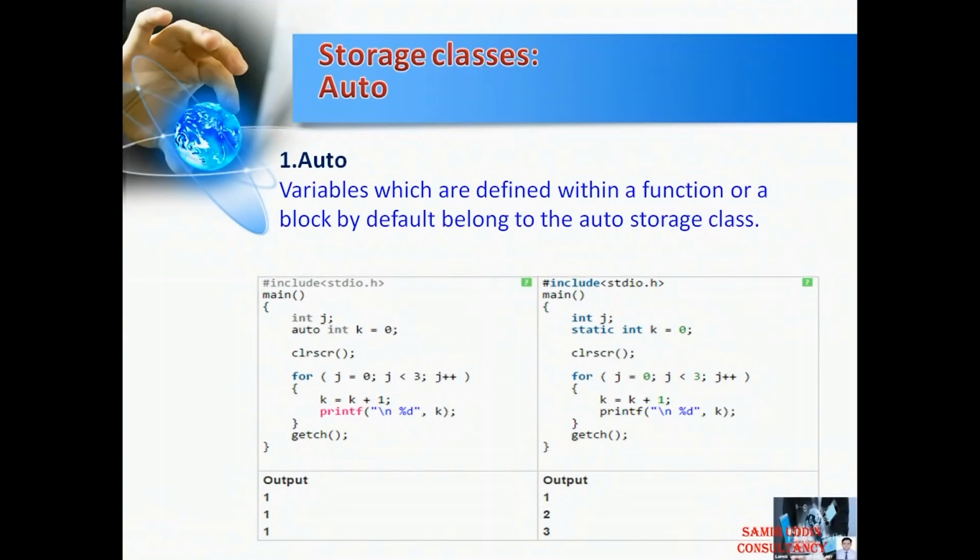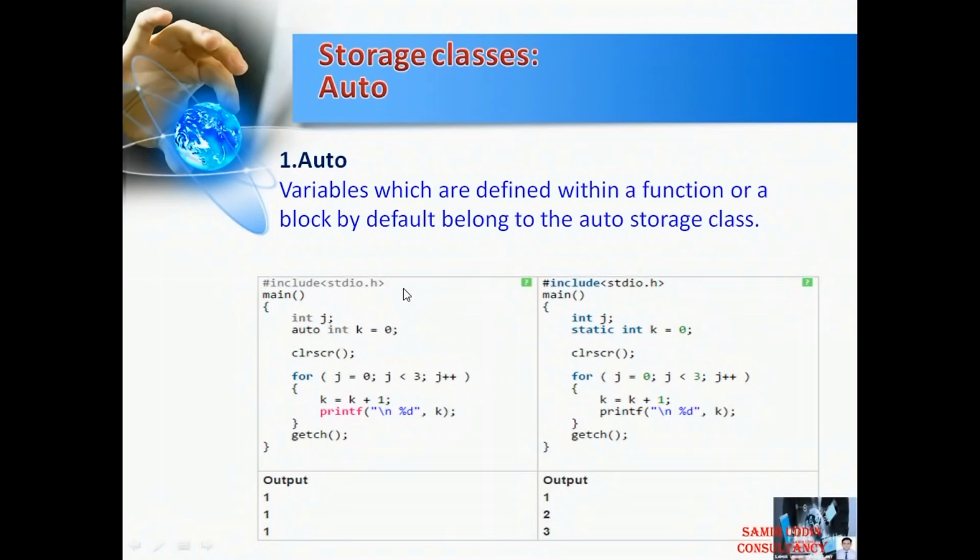Since these variables are declared inside a function, they can only be accessed inside the function. Also, there is no need to put auto while declaring these variables because these are by default already auto. So this is about the auto keyword.